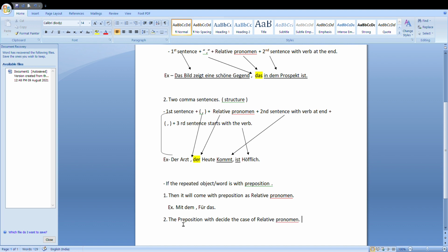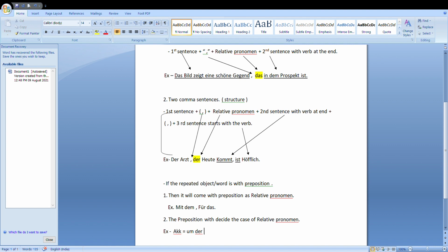For example, with accusative, we take the accusative case: with whom.